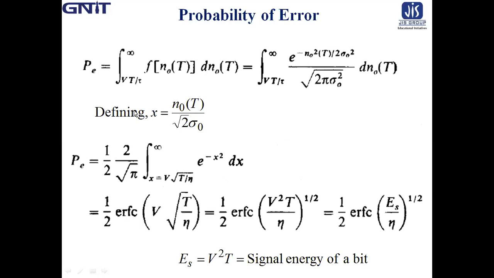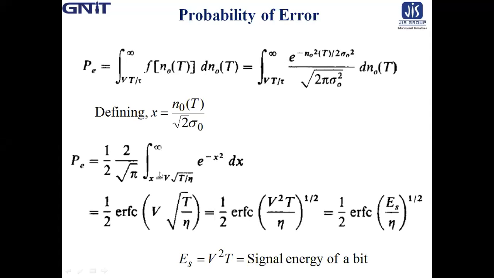Now assuming that x is equal to n0(T) by root 2 sigma 0, in that case PE is equal to half into 2 by root over pi, integrated over dx, with the limit from V root over T by tau to infinity, of e to the power minus x square dx.